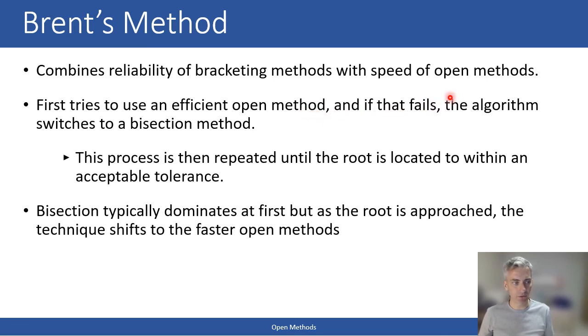But then if it fails, the method will automatically switch to the bisection method. And this process can be repeated, switching between the two different methods until we reach convergence. I think there's a Brent method function built within Python that we can employ.